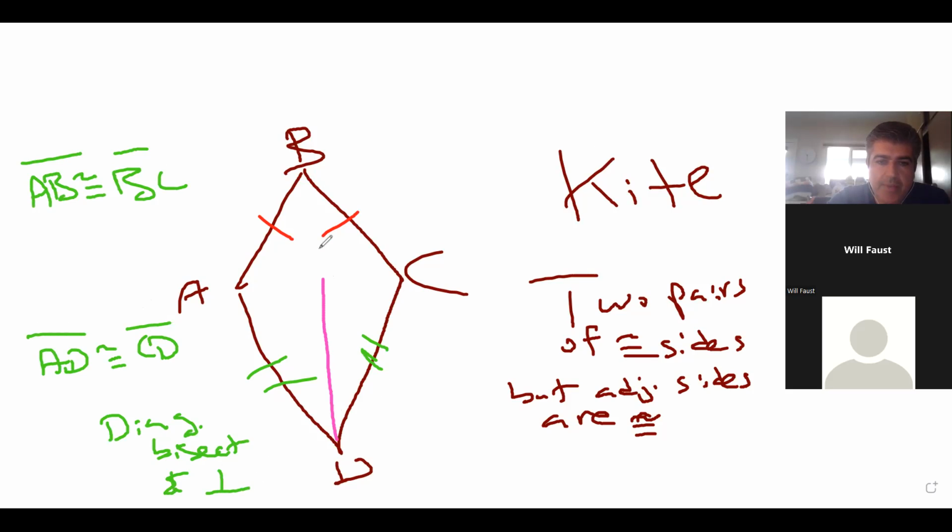So if I drew this diagonal and drew that diagonal, they will cut each other in half, and this diagram's going to get a little busy here. Well, actually, it just bisects that one, not BD. My apologies for saying it wrong. But definitely they'll be perpendicular.